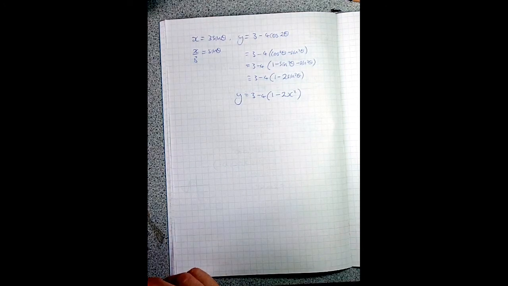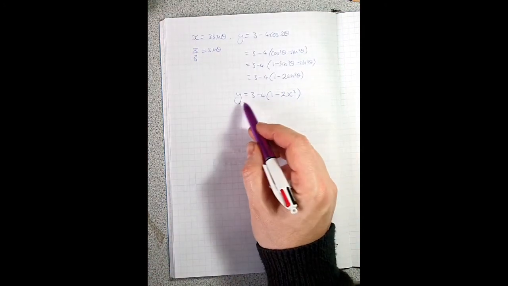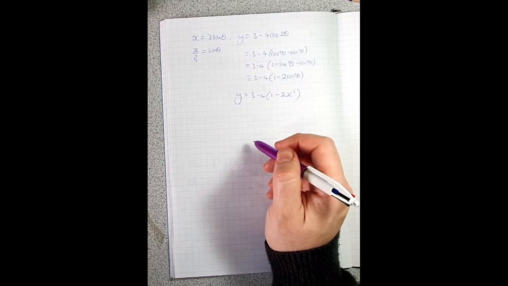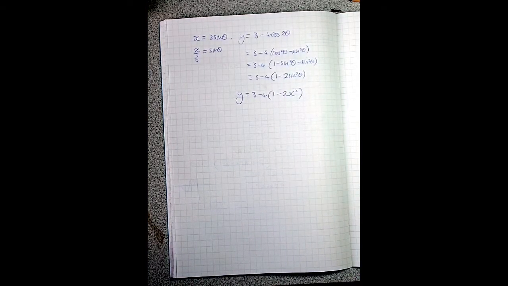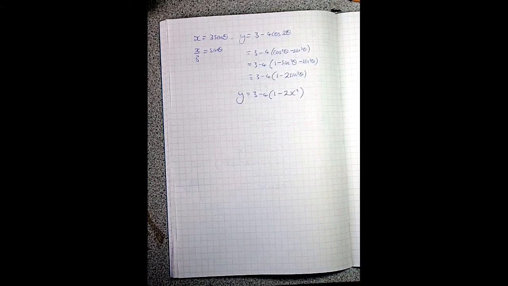So I've written y in terms of x. I'm hesitant because I'm looking at the book and it's not quite the same. I think they've just used a slightly different strategy to me.